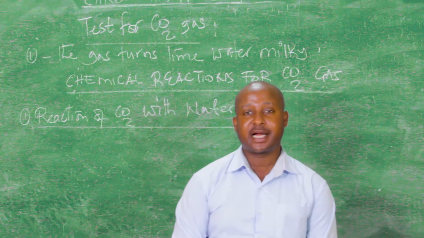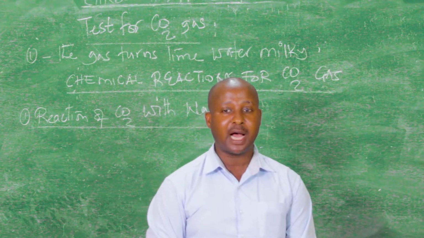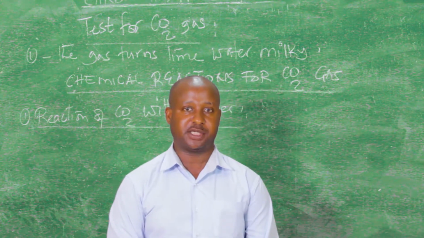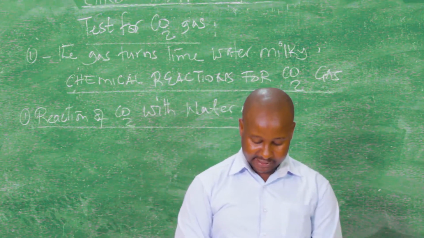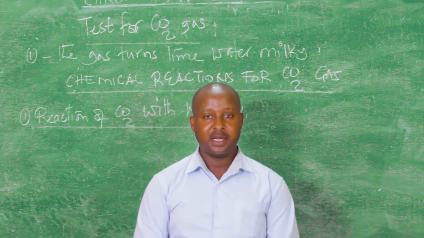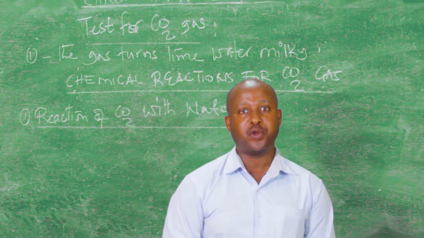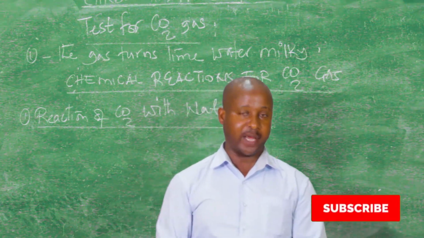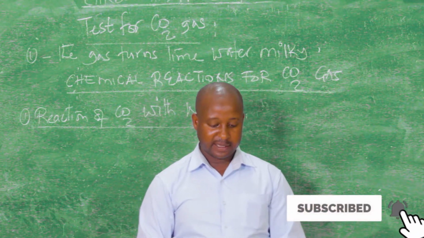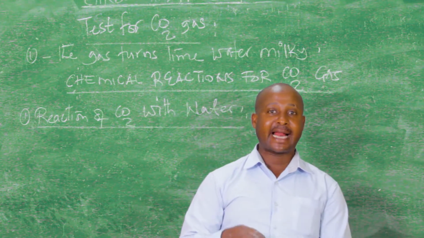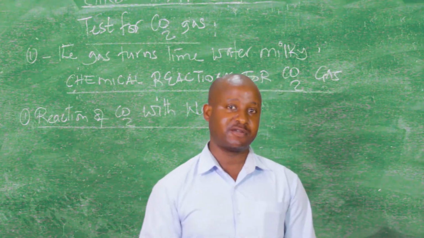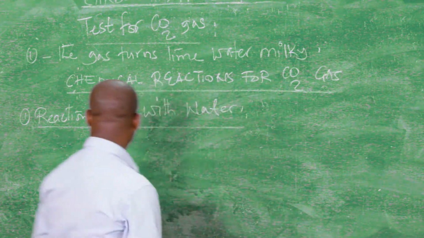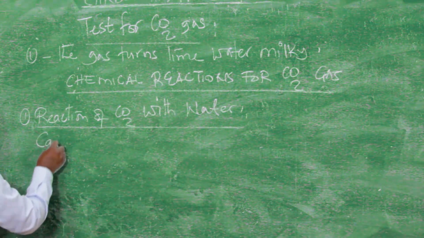When carbon dioxide gas reacts with water, carbonic acid is produced. We would put it in a more accurate way and say that carbon dioxide slightly dissolves in water to produce carbonic acid.